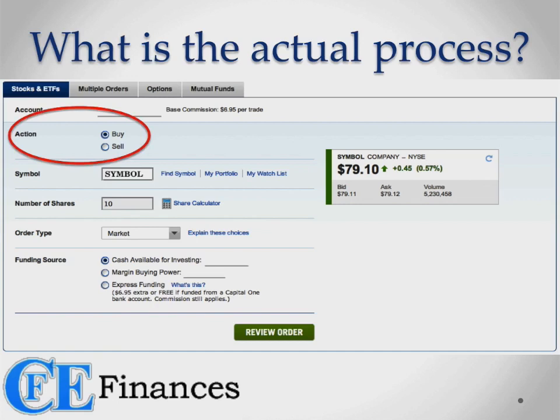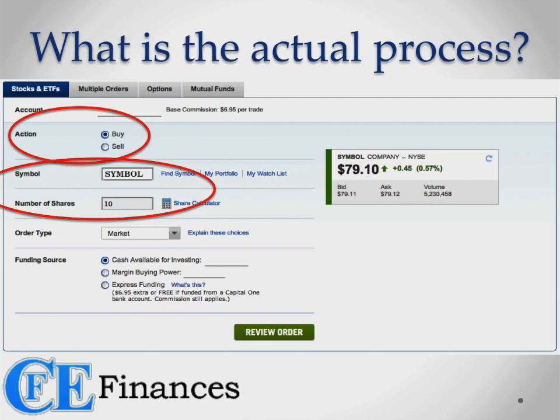So here we've chosen to buy. The next thing that you would do is put in the symbol of the stock that you are purchasing, and the right hand side will update with the most up-to-date current price of that stock, along with the bid price and the ask price. When you are buying, you are going to be buying the stock at what the bid price is.